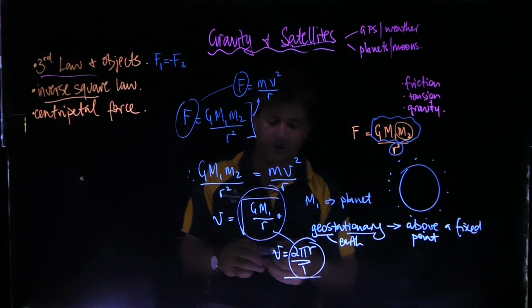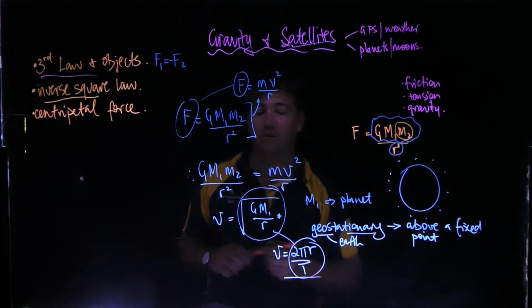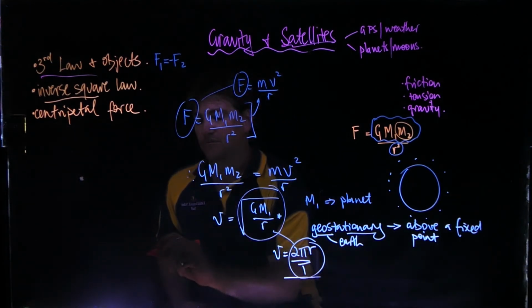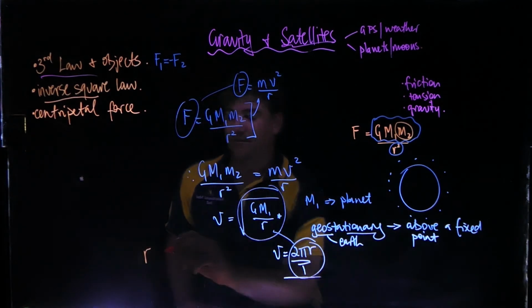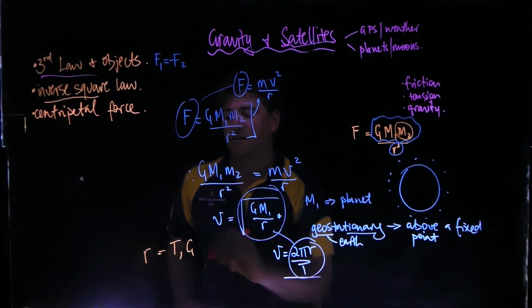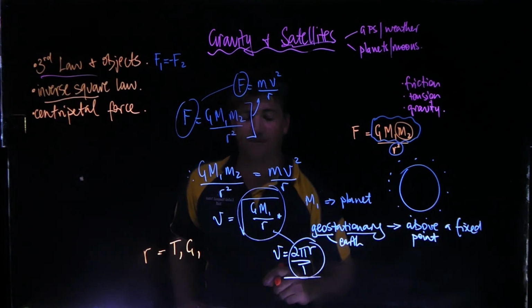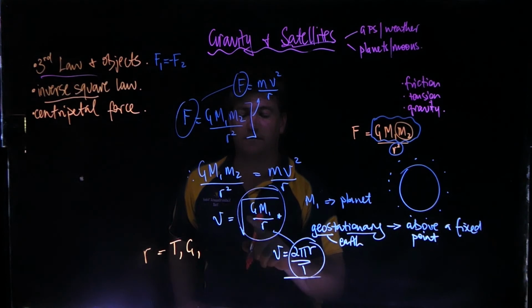So what you need to do, and hopefully show me by next time you see me, is work out an expression for the radius in terms of the orbital period and Newton's gravitational constant. I don't want to give you too many hints. Actually, I'll just leave it at that.